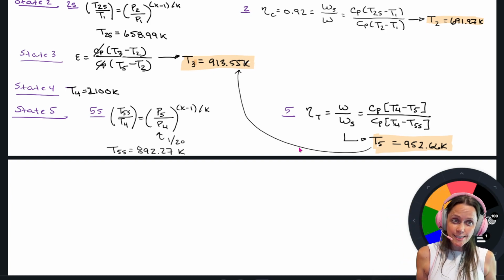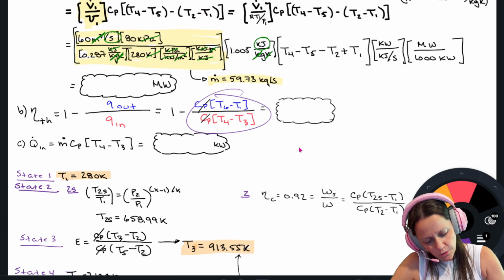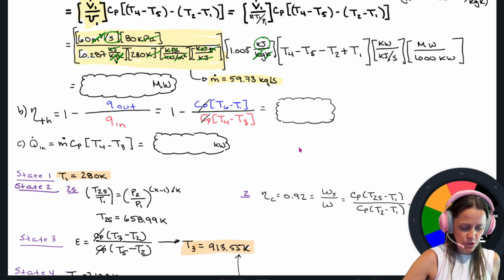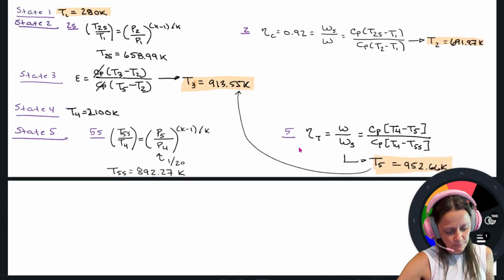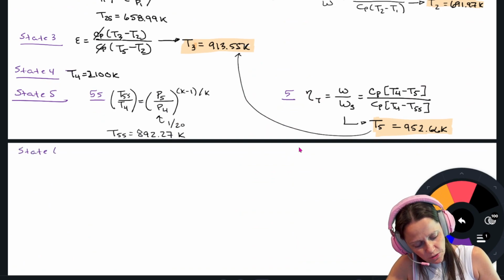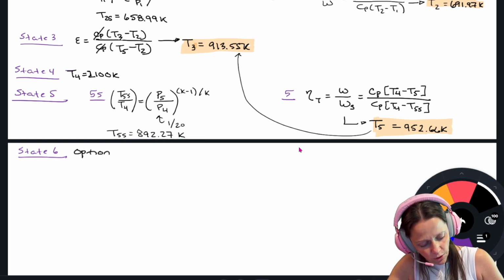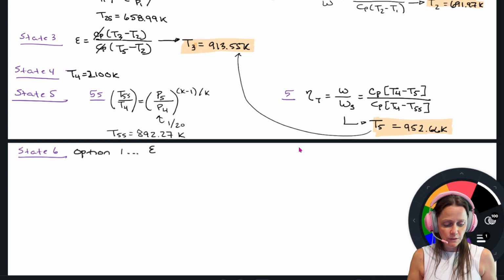Now, state 6, not really necessary, I don't think, although if I want to use this equation for my thermal efficiency, it is. So let's go ahead and get it. You've got two options for this. You can use your regenerator effectiveness.